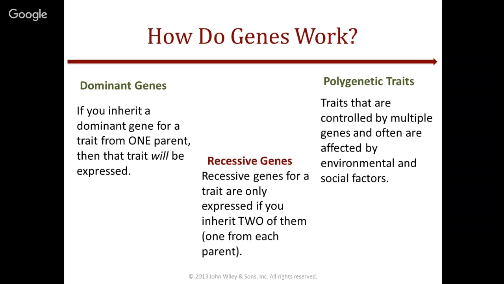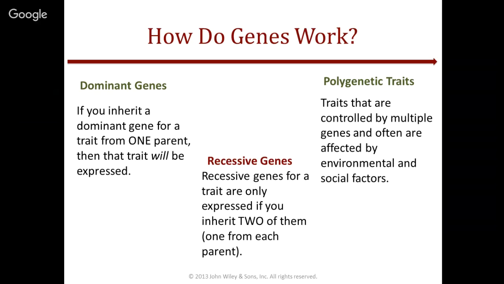Then when you look at your polygenetic traits, these traits are more affected by environmental, even social factors. This could be personality traits. This could also be your height, your skin tone. Even if you're African American, Caucasian, Asian, Indian, Native American, whatever your ethnicity is, there may be different shades there.